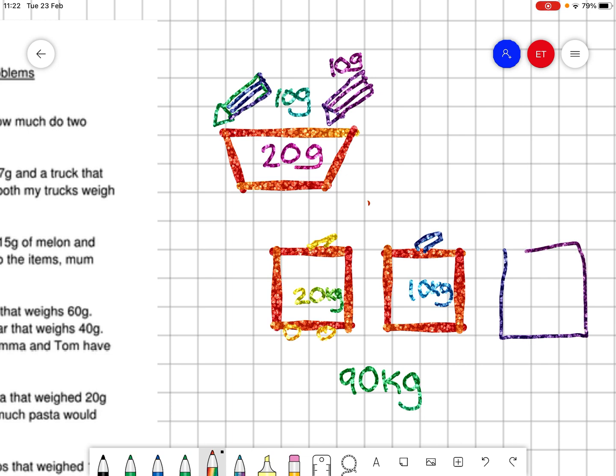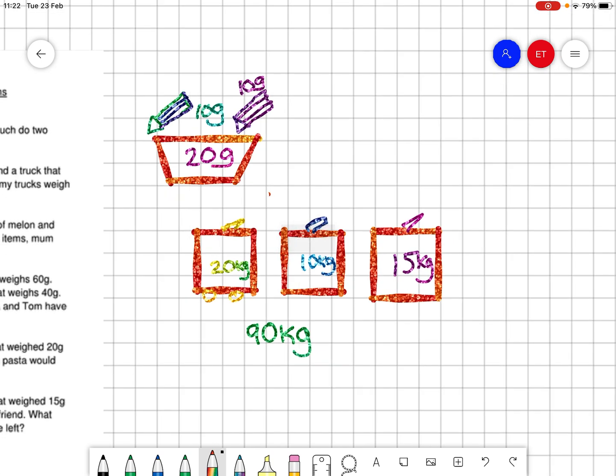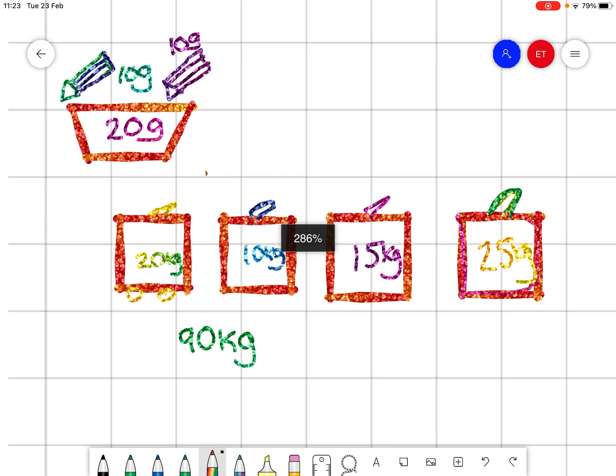This one weighs 15 kilograms and this one weighs let's say 25 kilograms. Okay, so this could potentially be a real life problem.